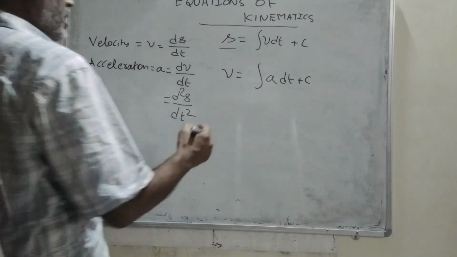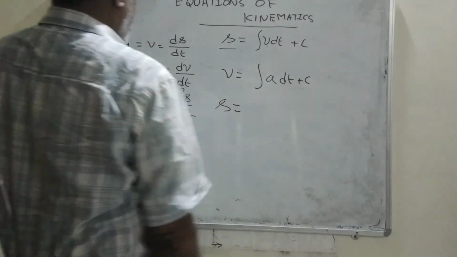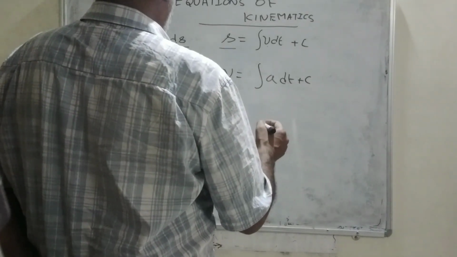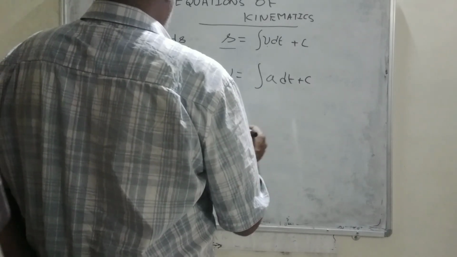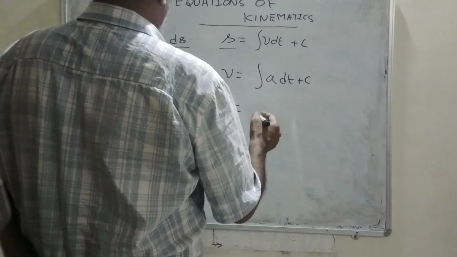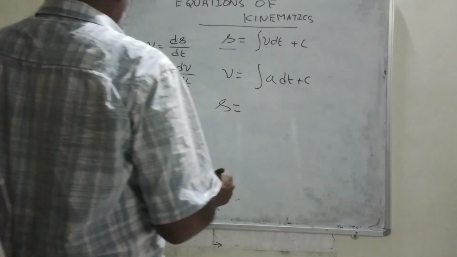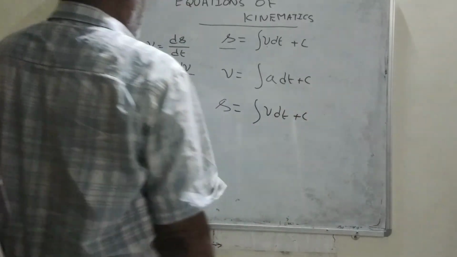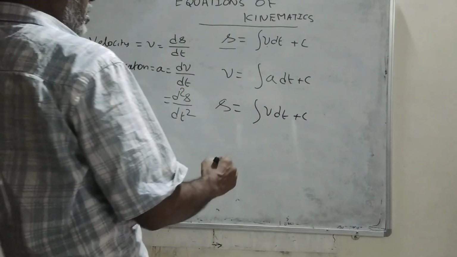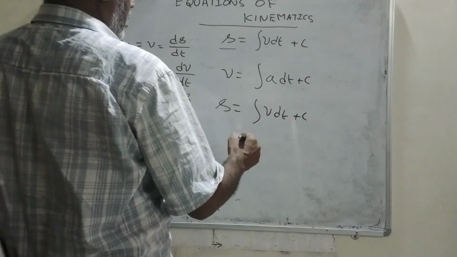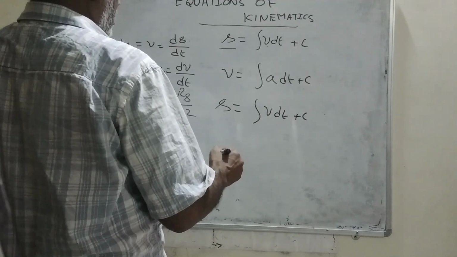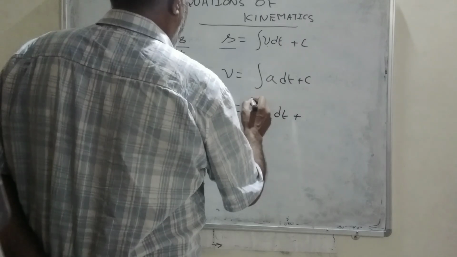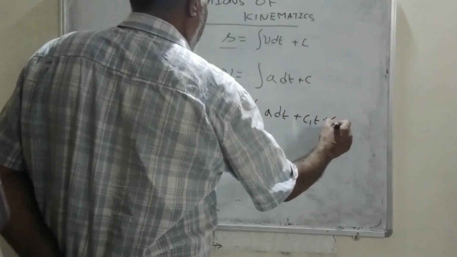And this s can also be given as integral v dt plus c, or you can say integrating acceleration 2 times plus c1t plus c2.